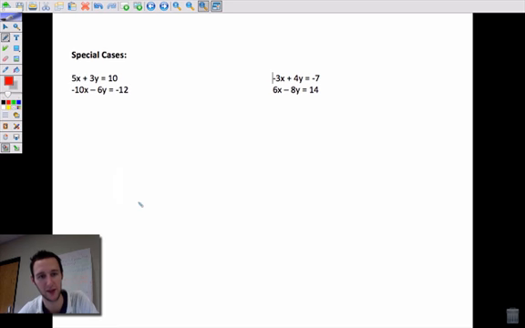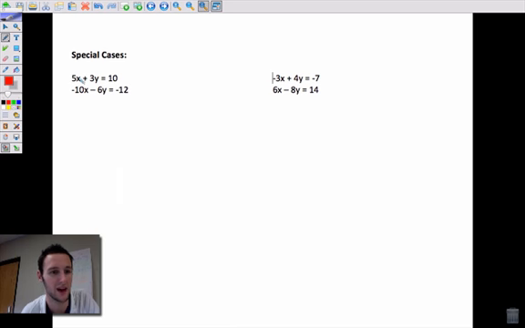Now, again, there are some special cases. So we saw these with substitution. We saw it with graphing. Now we need to look at some special cases for when we're eliminating. The first one, if you look at these two equations, you can see there's a 5x here and a negative 10x here.